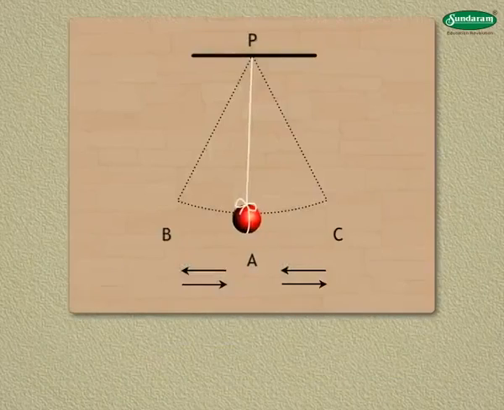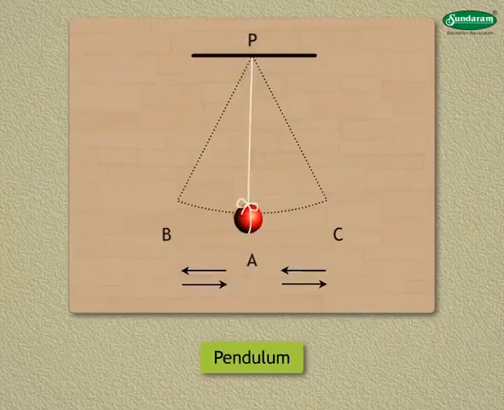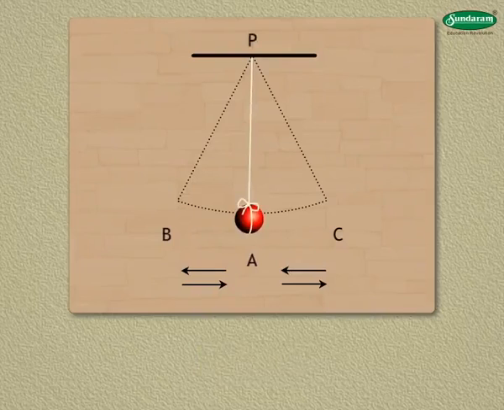Tie a weight to one end of a fine string and hang it from a support. This is a pendulum. Allow the string to come to rest vertically in the position PA. Now, pull the end A aside to point C and let go of it.